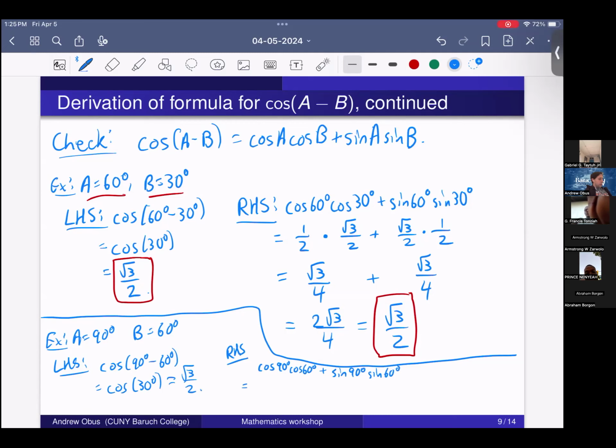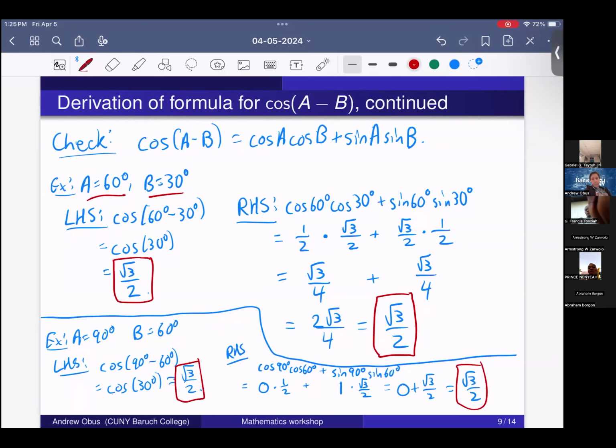Let's see what we get. Cosine of 90 degrees is 0 times cosine of 60 degrees is 1/2. Sine of 90 degrees is 1 times sine of 60 degrees is square root of 3 over 2. And so you get 0 plus square root of 3 over 2, which is equal to square root of 3 over 2. And it also works.